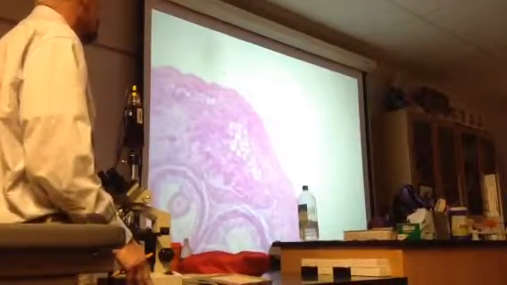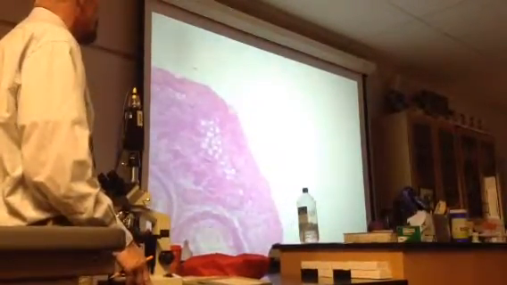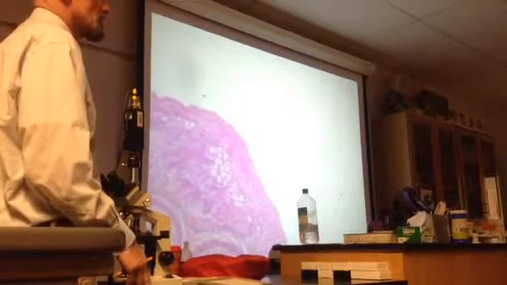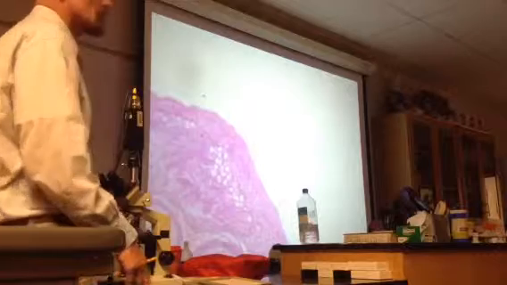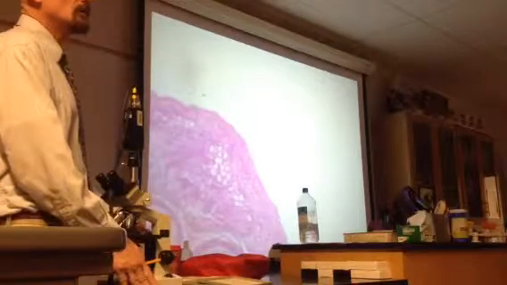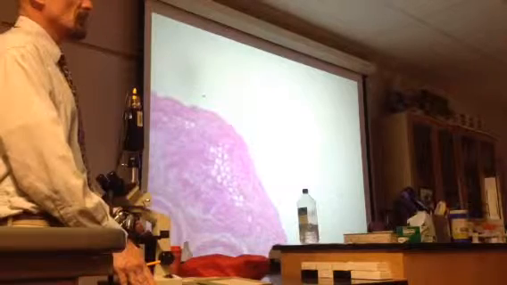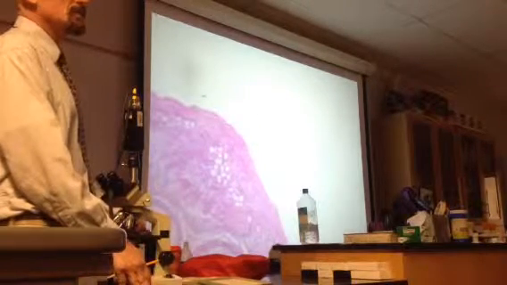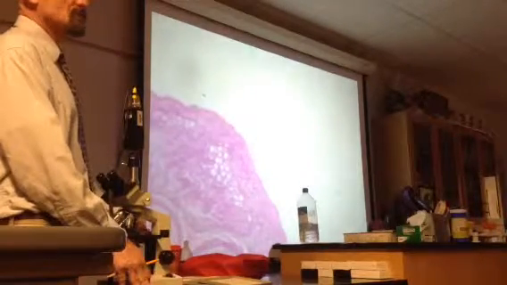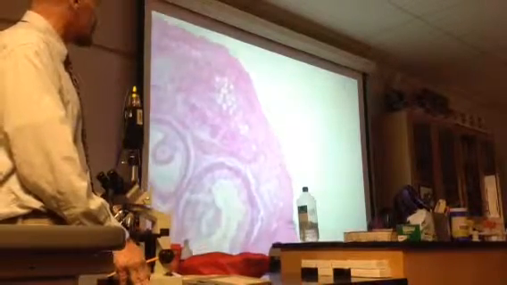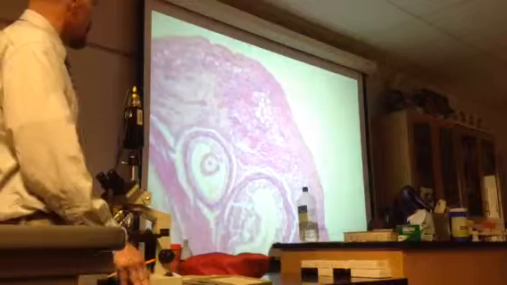Those guys in the periphery there, what would be one of two potential answers for those? Primary follicles or primordial? What kind of egg would be in there? Primary oocyte. How many chromosomes in a primary oocyte? 46. Or diploid or 2N. That's probably right there in the center.